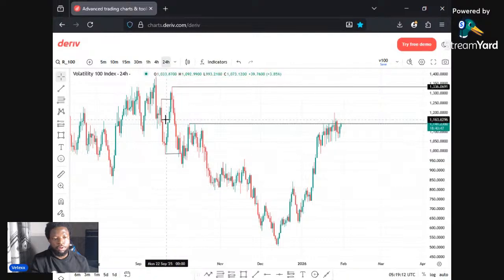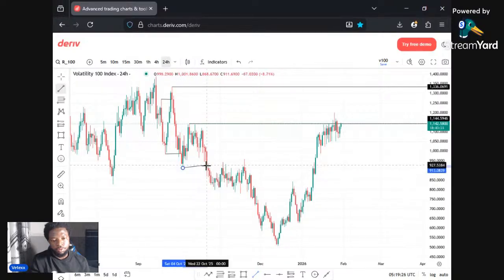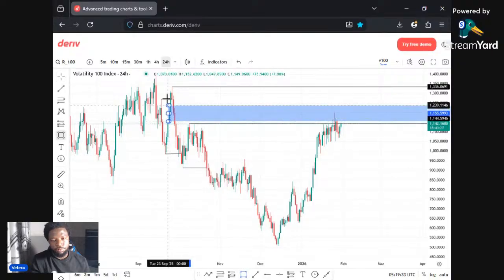We have our rule number 1, sweep of liquidity. Rule number 2, first break of structure. Rule number 3, structural liquidity. Rule number 4, our second break of structure. Now this is our point of interest.